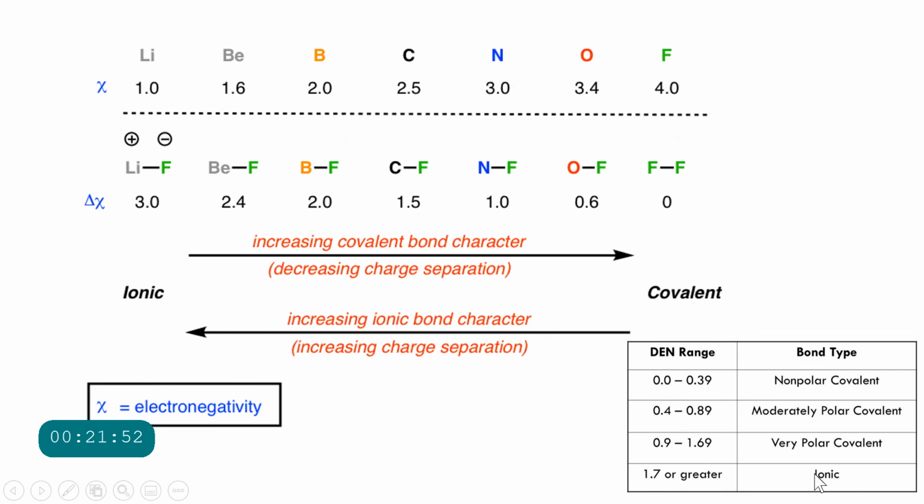So in Dr. Lindley's lecture, he was saying that it's not ionic, that it's a very polar covalent bond between hydrogen and fluorine. And the thing is, he's right. It is a very polar covalent because it doesn't have a charge.